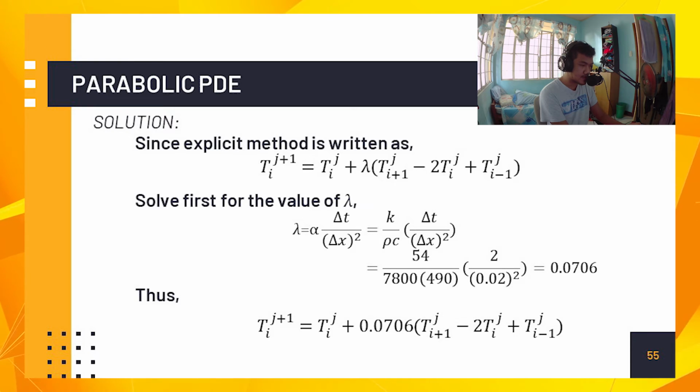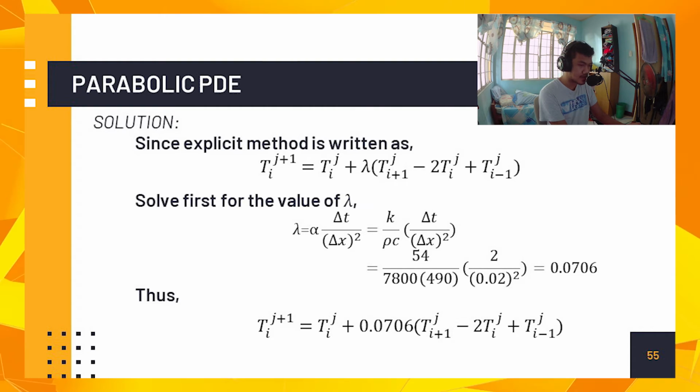We first solve for the value of lambda, which is equal to alpha delta t over delta x squared, which is k over rho c times the quantity of delta t over delta x squared. Substituting the values, we will have 54 over the quantity of 7,800 times 490 times the quantity of 2 over 0.02 squared.